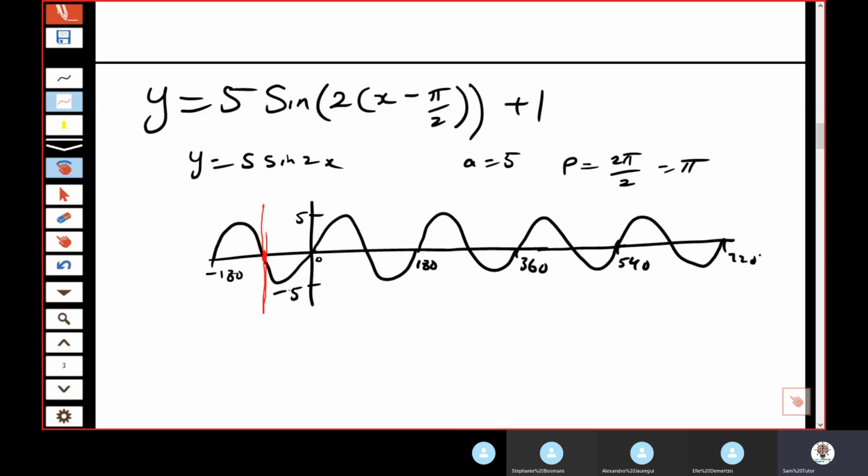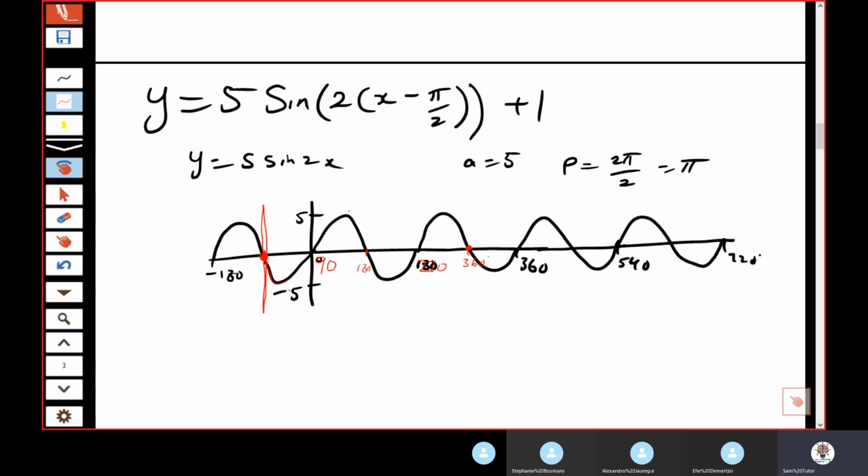So instead of being at 0, it is at 90. Instead of 90, it is now at 180. Instead of 180, it is 270. Instead of 270, it is now at 360 degrees. So we pretty much know our graph now.